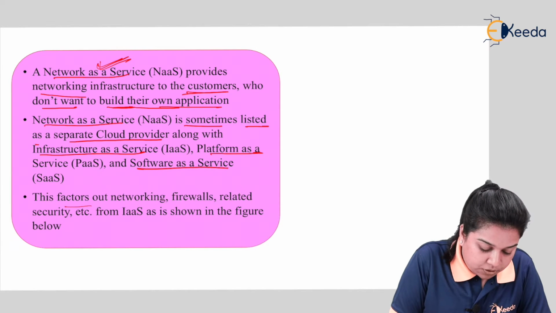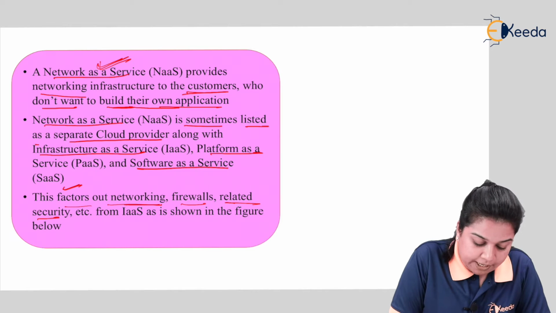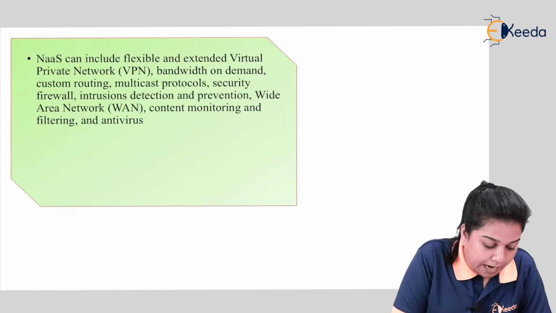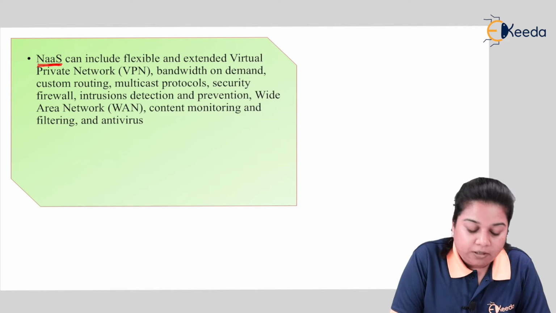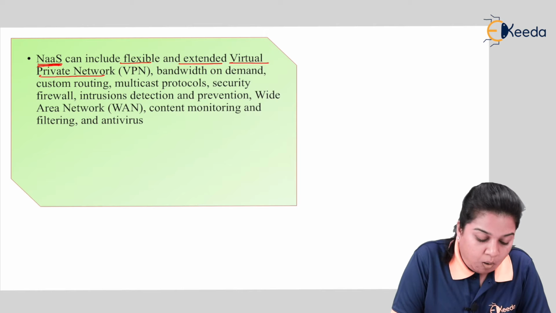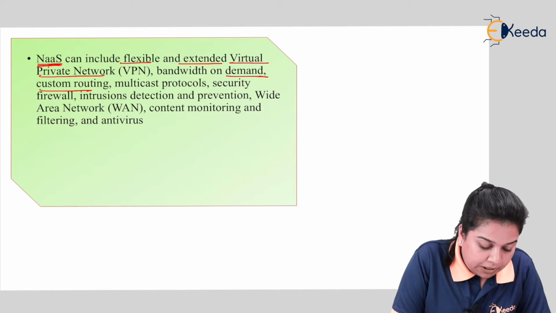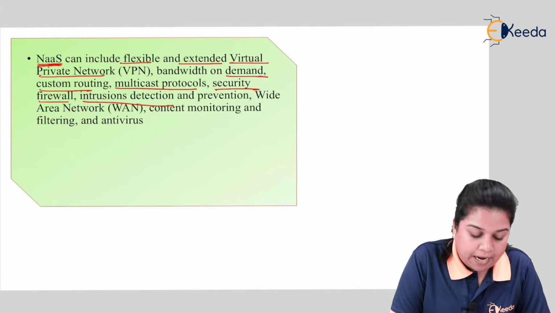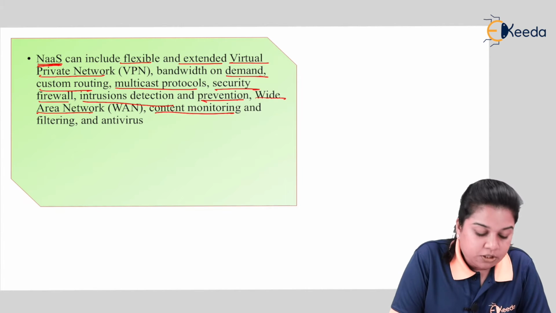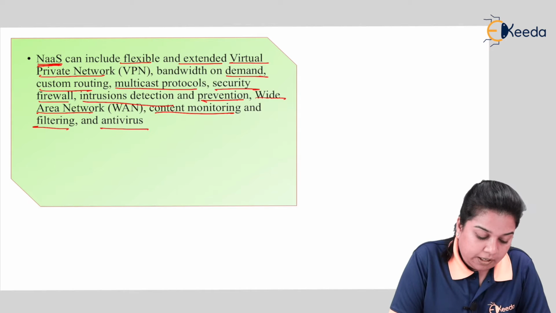This factors out networking. That means it factors out networking, firewalls, related security, etc. from infrastructure as a service. We can understand that network as a service can include flexible and extended virtual private network bandwidth, on demand custom routing, multicast protocols, security firewalls, intrusion detection and prevention, wide area network WAN, content monitoring and filtering and antivirus.